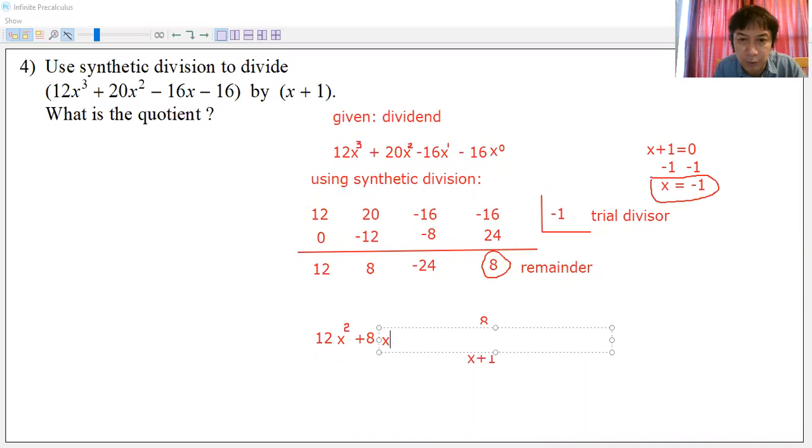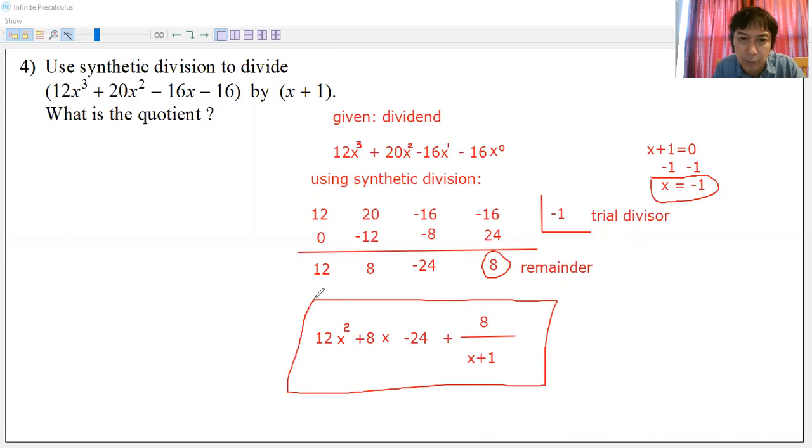This will just be x, and then -24 is x to the 0, so we don't have to write x to the 0. Okay, and so this will be our quotient there, and this will be our answer.